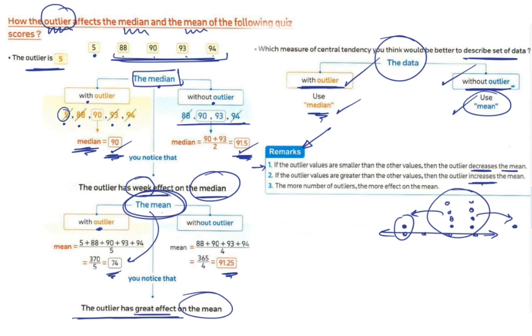Number 3: the more outliers, the more effect on the mean. So I have this number line, and we have a dot here and a dot here.